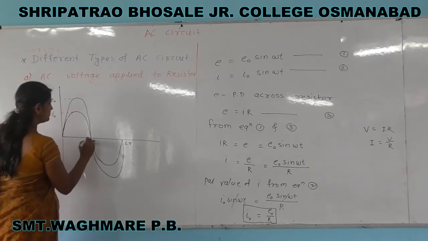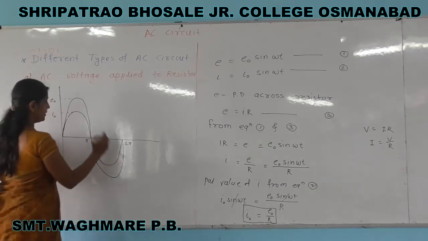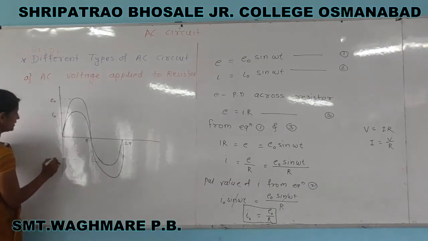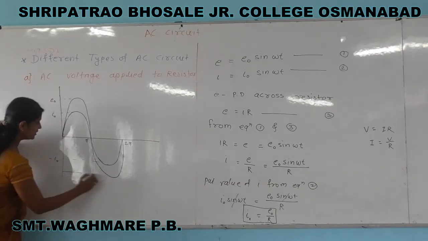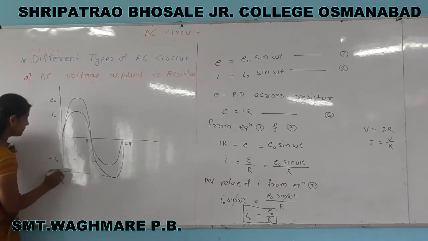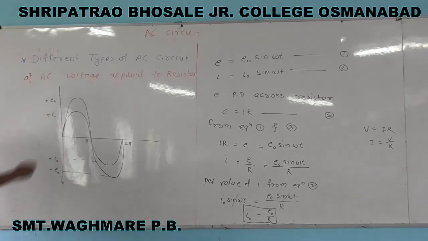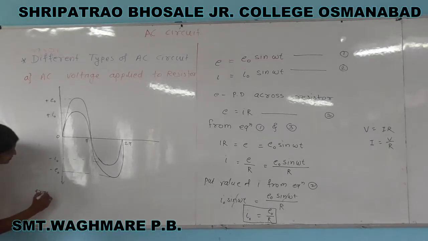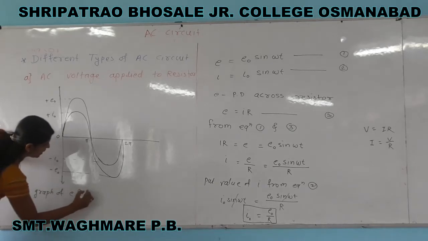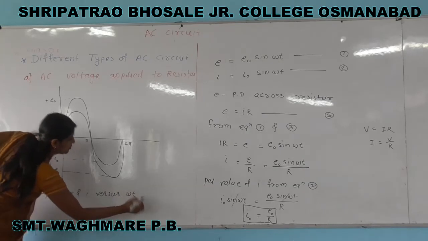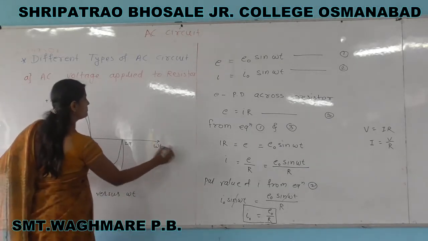This is the negative peak value, minus I naught, and this is the negative peak value of EMF, minus E naught. This will be plus, this will be minus. This is the graph of E and I versus omega t.